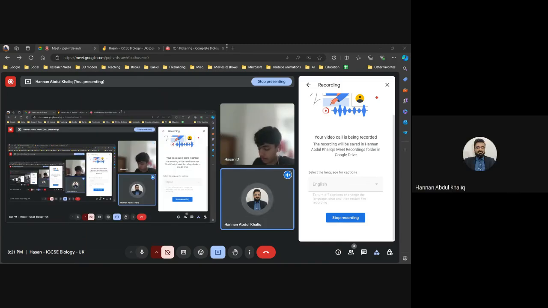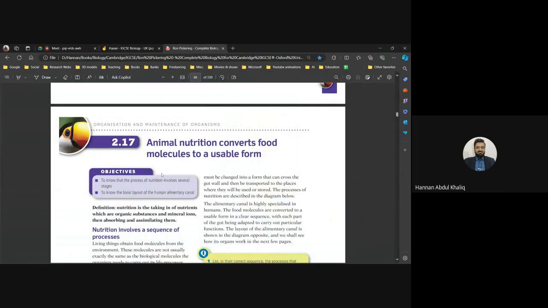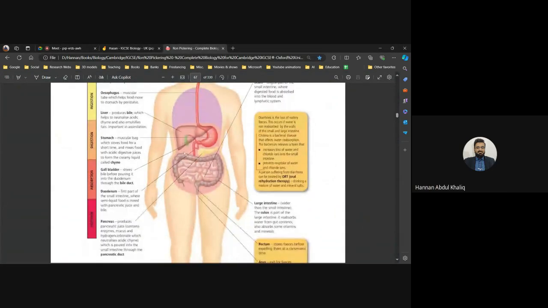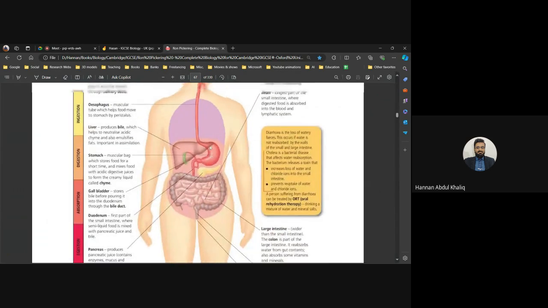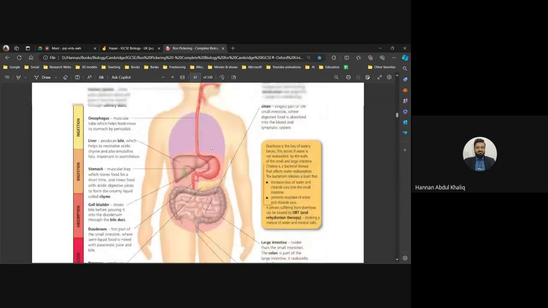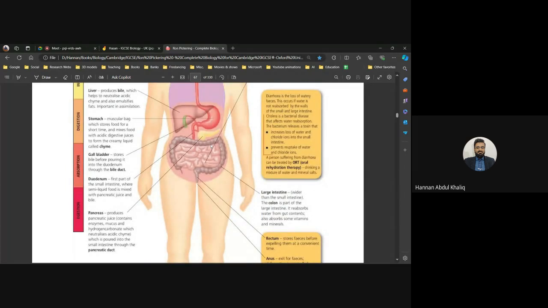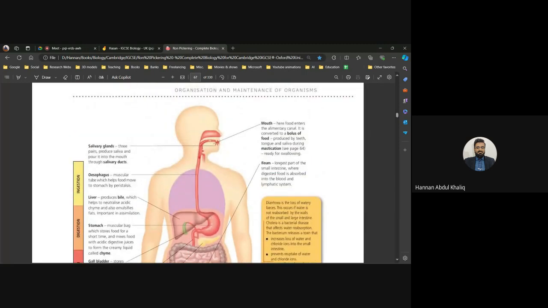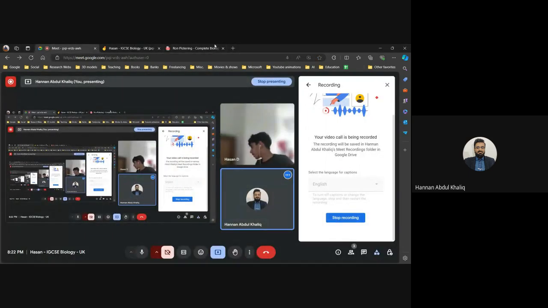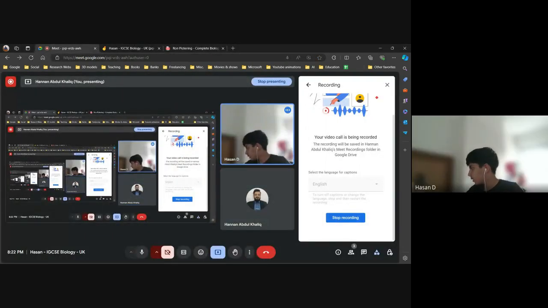These four things are usually the problematic ones. So before we move to a different part of this chapter, I would like you to open the book on your side maybe and take out this diagram. This diagram must be there in your book. Do you have it right now? Biology.